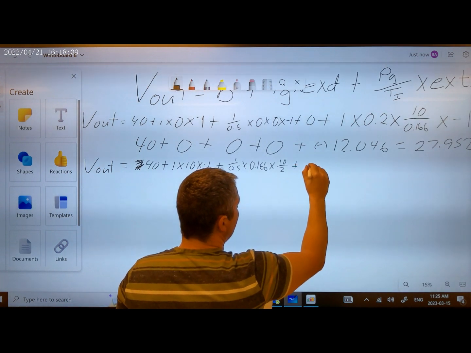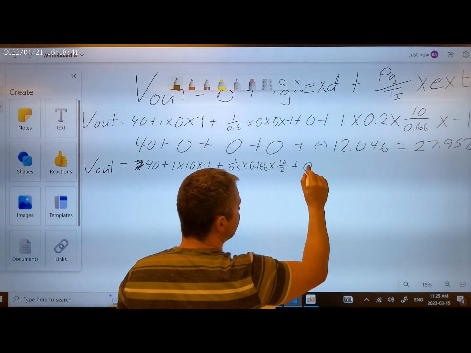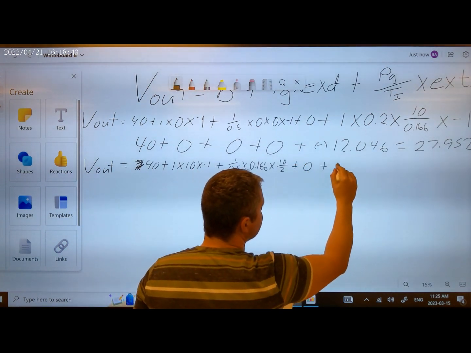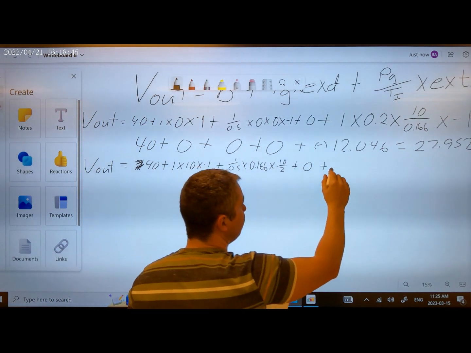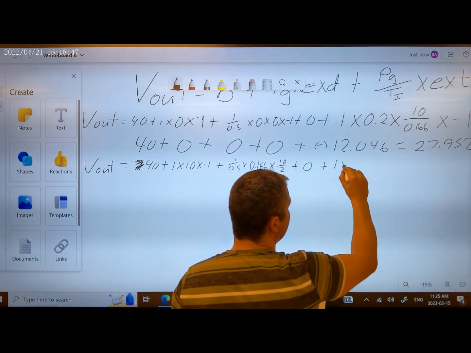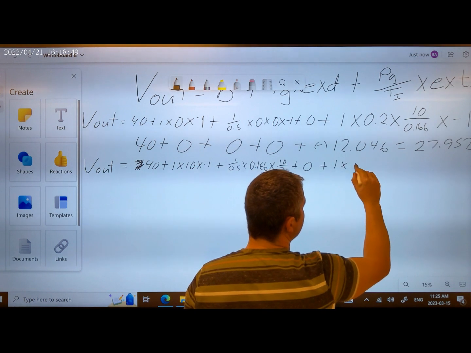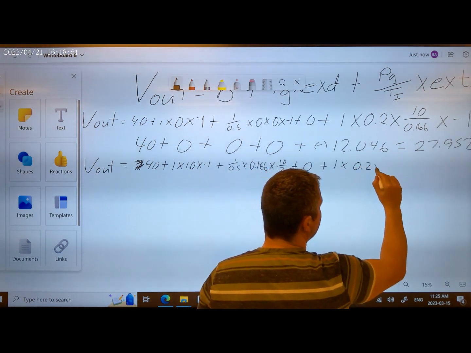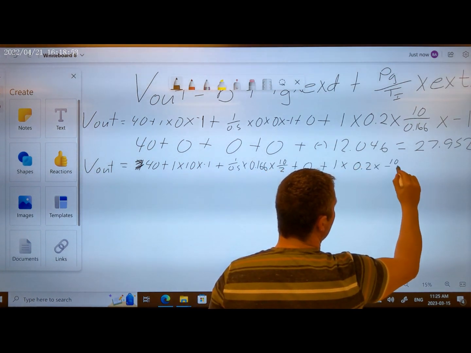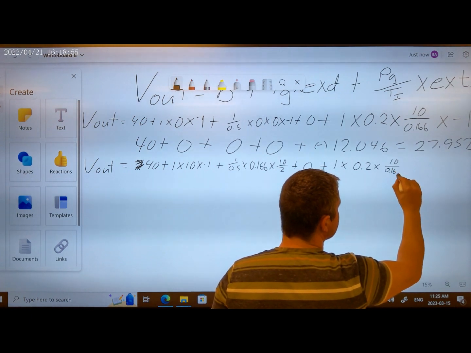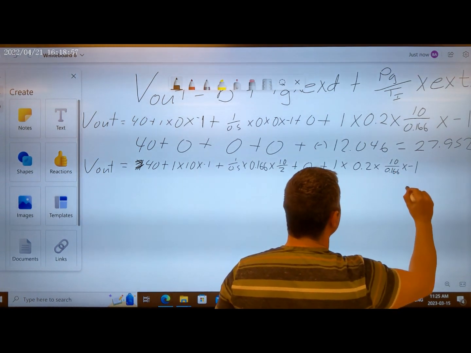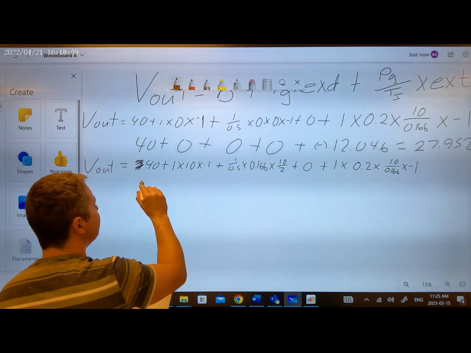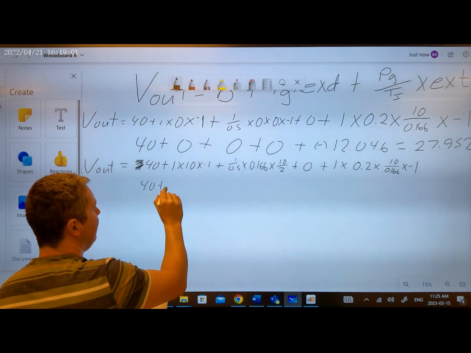Plus our ongoing accumulative integral, which is still 0, plus our derivative, which is still on that ramp. So 1 times 0.2 times 10 over 0.166 times direction of -1, which gives us 40 plus.